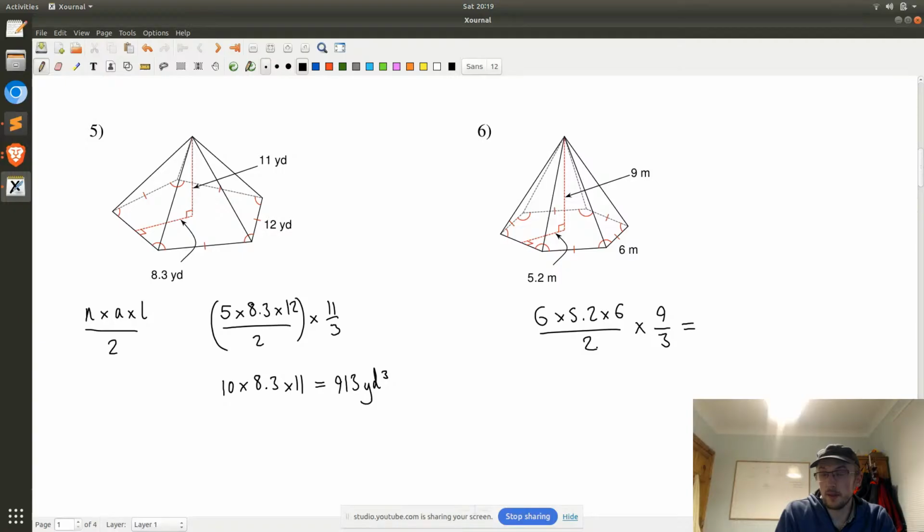This 6/2 will turn that into 3. So 18 over there. And then 18 times 3 makes 54. So 5.2 times 54. So 280.8, isn't it?